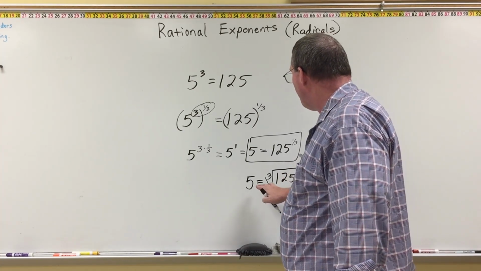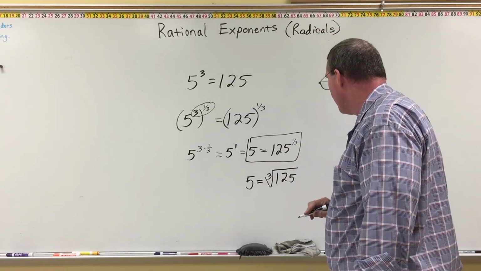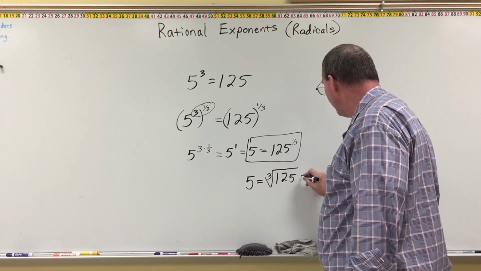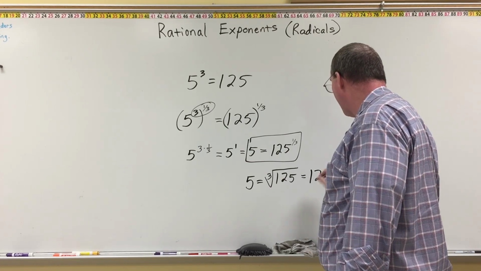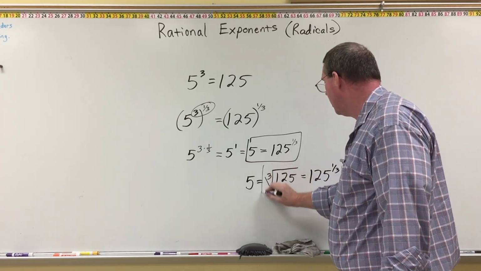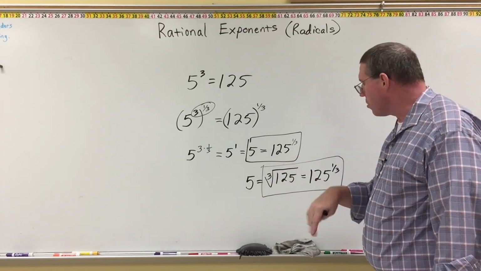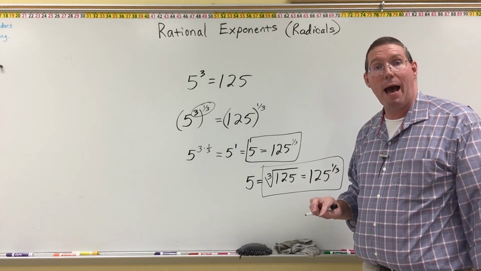And so if 5 is equal to 125 to the 1/3 power, and 5 is also equal to the cube root of 125, then that must mean that these two mathematical statements are equivalent. That the 3rd root of 125 is just another way of writing 125 to the 1/3 power.